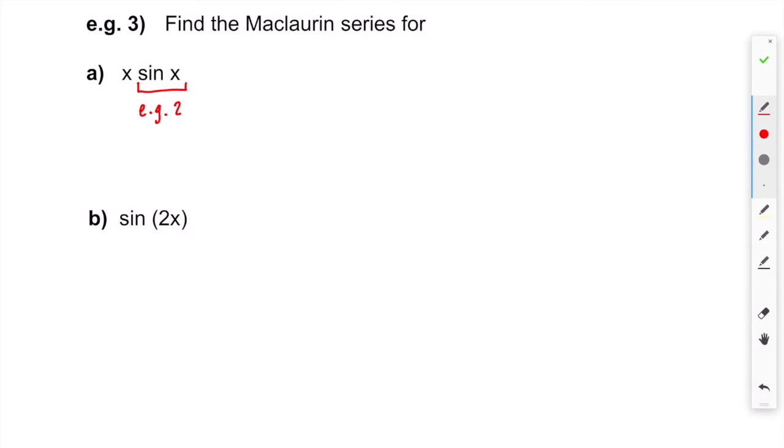So here we can modify that sigma notation by multiplying x in front of this sigma notation. So negative 1 to the power of n, 2n plus 1 factorial, x to the power of 2n plus 1.